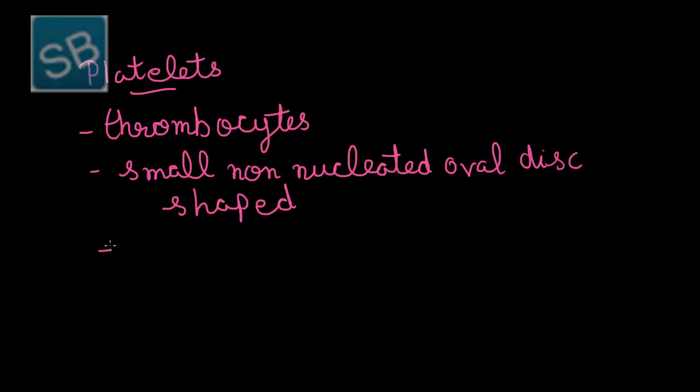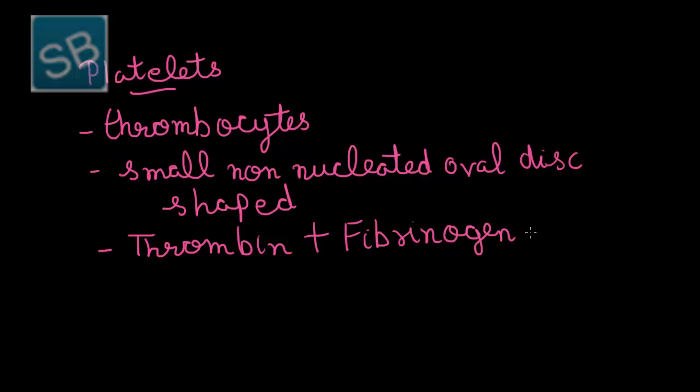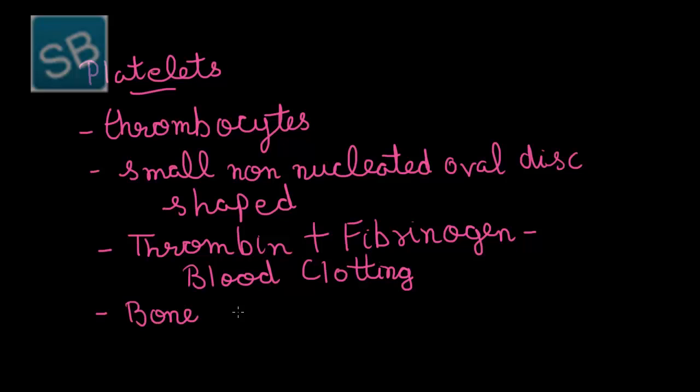Due to the presence of protein thrombin and fibrinogen, the process of blood clotting takes place due to platelets. The platelet formation generally takes place in bone marrow. This was all about the composition of blood.